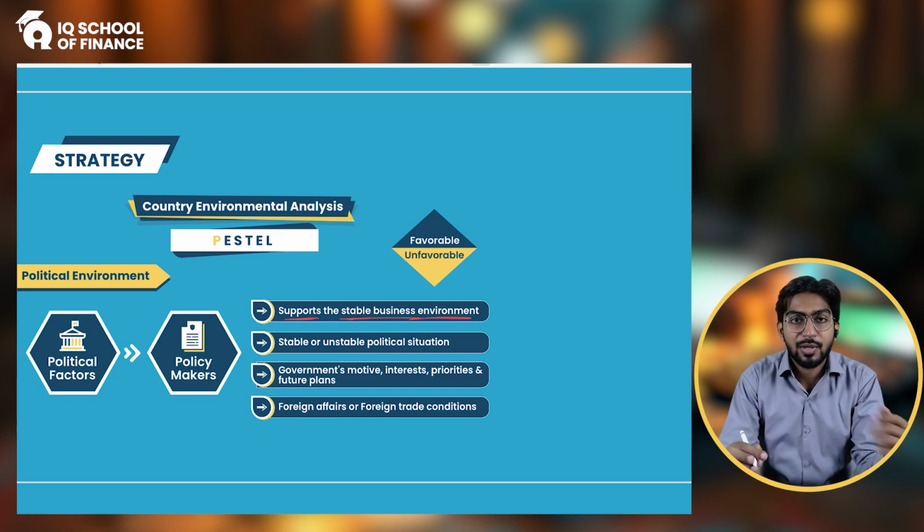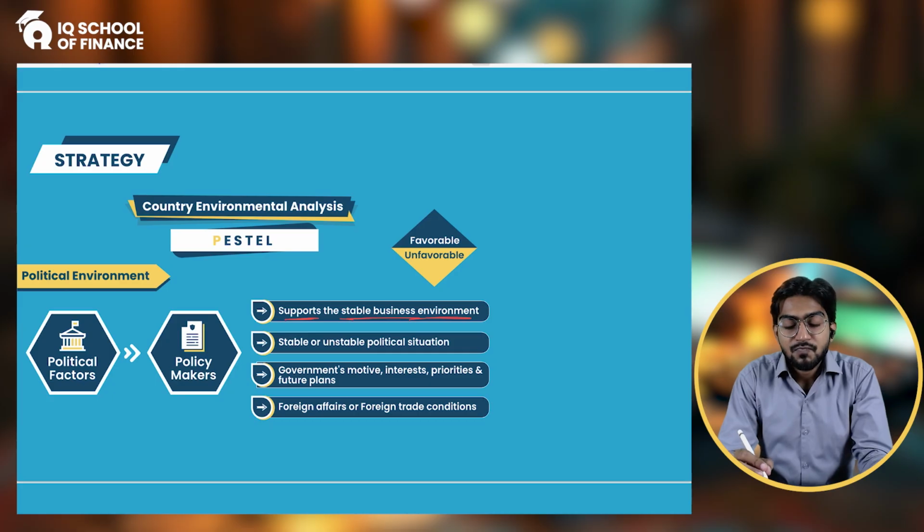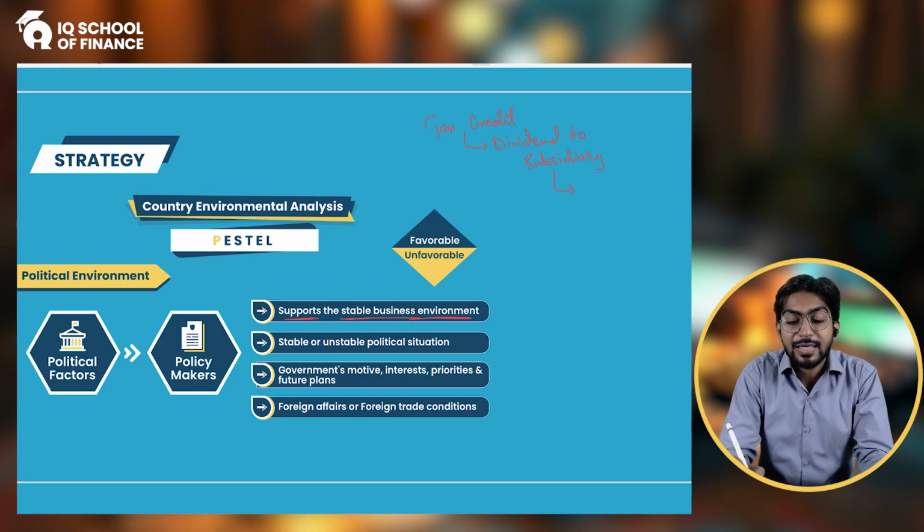Let me give you an example of a client where I work. There was a tax credit: if you give the dividend to your subsidiary, it will be exempt. That means no tax. Let me write it, no tax.